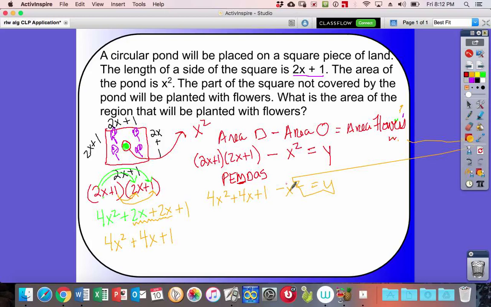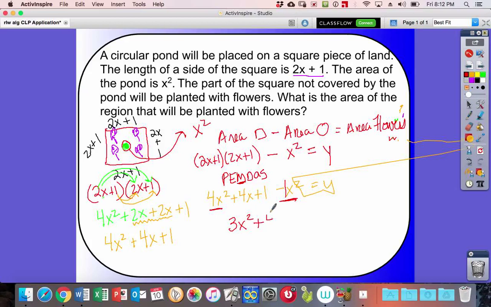When I get here, I'm looking for like terms. And look right here, I have some like terms. They have the same variable x, and they're both squared. So 4x squared minus 1x squared, there's an understood 1 there. I have 3x squared. Can I combine the 4x with anything?